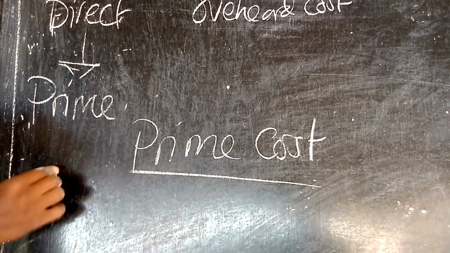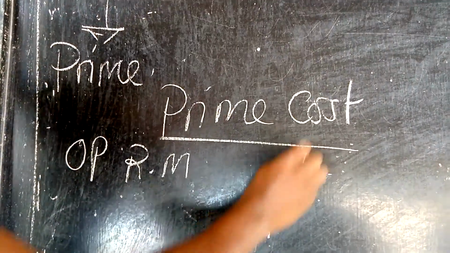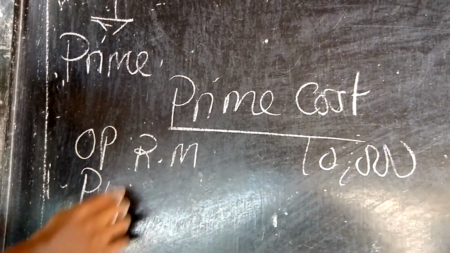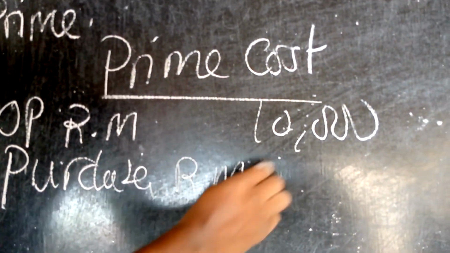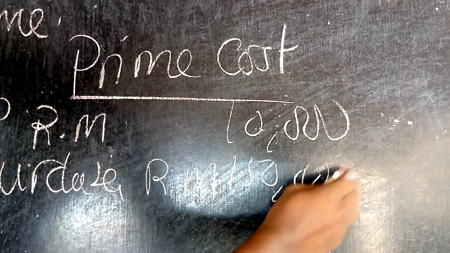We have opening raw material costing 10,000. Again, we have purchased raw material costing, let's say, 150,000.